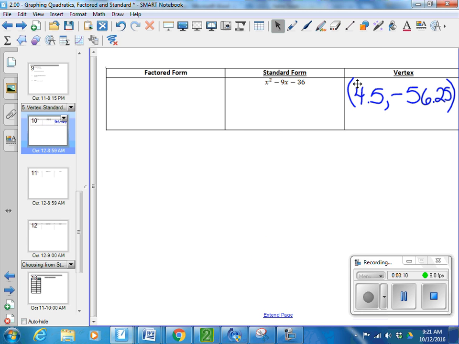Now, if you remember when we did factored form, we would have to make sure that our terms multiply to the constant term. So negative 12 times 3 is negative 36. And if I add negative 12 and positive 3, that gives me the negative 9 for the middle term. So that's factored form, x minus 12 times x plus 3.